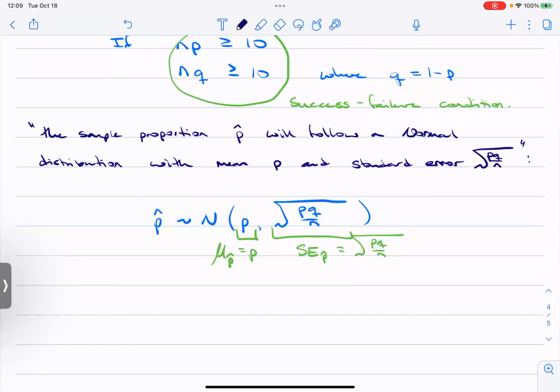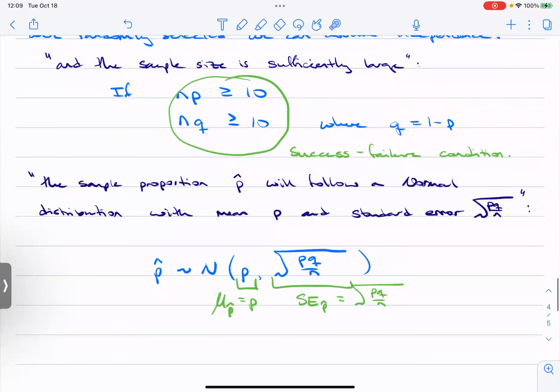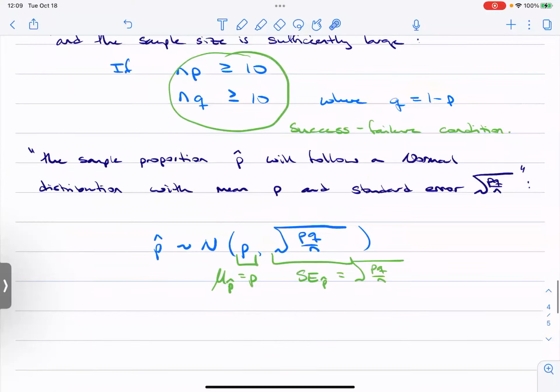What's one problem? We have p, 1 minus p, but I just said we're never going to know p. But we've got a good guess. So what do we do? We just swap out our p's for p hats because that's our best guess.